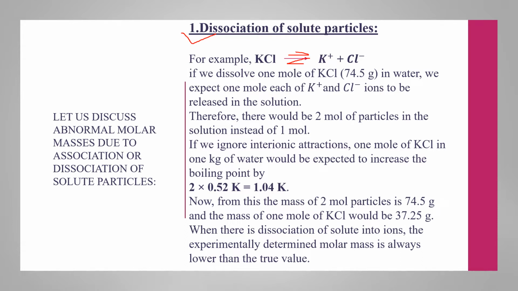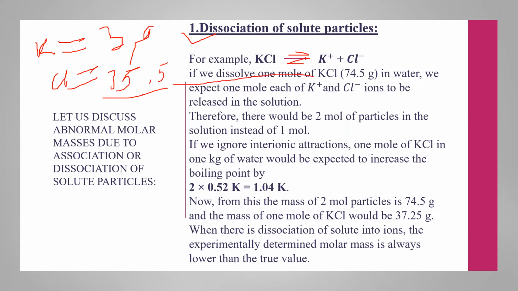The atomic mass of potassium is 39 and the atomic mass of chlorine is 35.5. On adding the atomic masses, we get the formula mass of KCl, which is 74.5 grams.